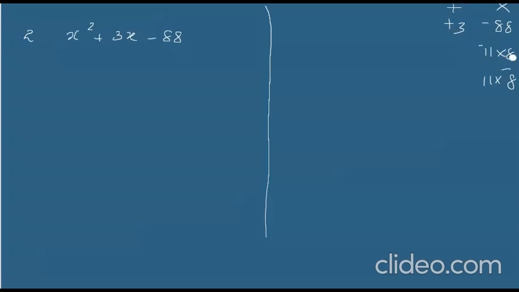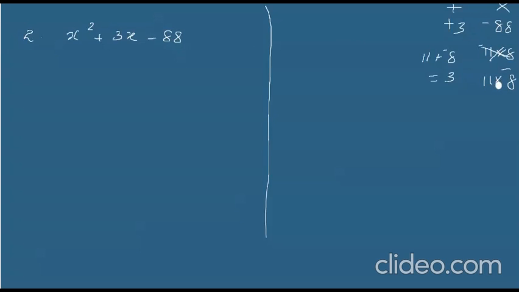If I add negative 11 and 8, we will get negative 3, because the bigger number has the negative sign. So we don't want this. Here, 11 plus negative 8, the bigger number is positive, so obviously the sum is positive. So we need 11 plus negative 8 is equal to positive 3. So always remember, if there is a negative sign in the constant or the last term, one number must be negative.